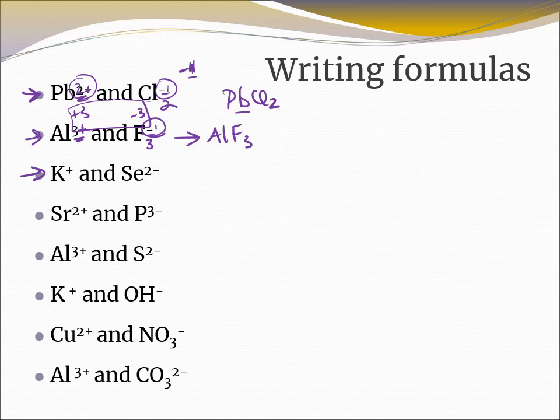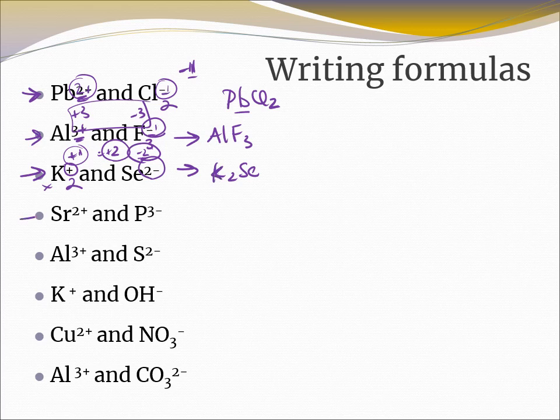Potassium and selenide: potassium's a +1, selenide's a -2. I need more pluses to balance out that -2. If I have 2 potassiums, 2 times +1 is +2, and +2 -2 balance out. So our formula will be K2Se, 2 potassiums, 1 selenide.